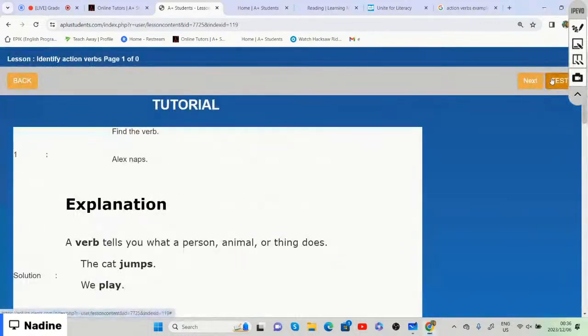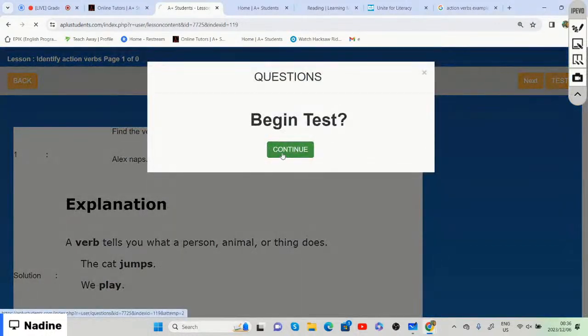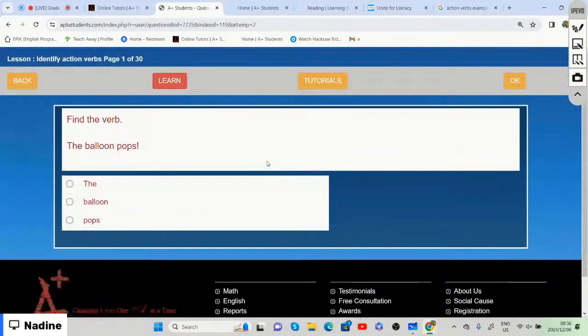All right, let's do our test. The balloon pops. Is it the balloon, or is it pops? So the balloon pops.